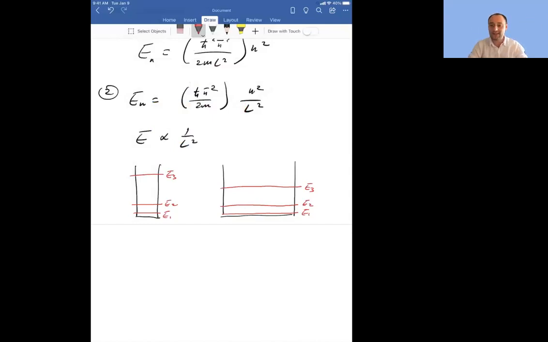Nuclear energies, which again includes the spacing between nuclear energy levels, say of a proton within the nucleus, and the energies that can be obtained from nuclear reactions, are on the order of magnitude of millions of electron volts.